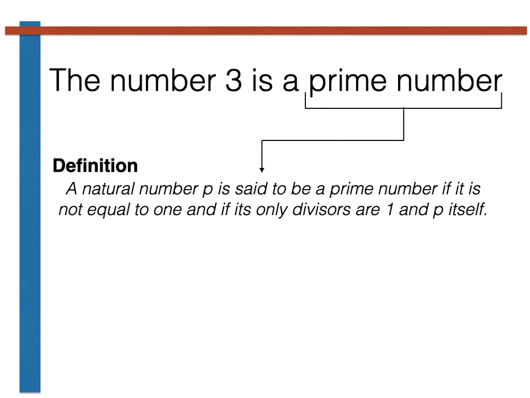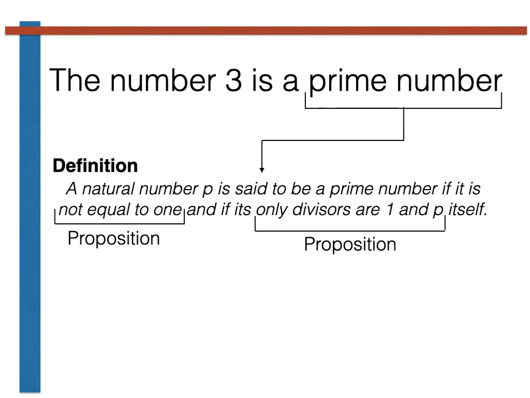Notice that even this definition is constructed from propositions. For example, there is a proposition here that p is not equal to 1, and a second proposition here that the only divisors of p are 1 and p. There is then a logical conjunction between these two propositions.